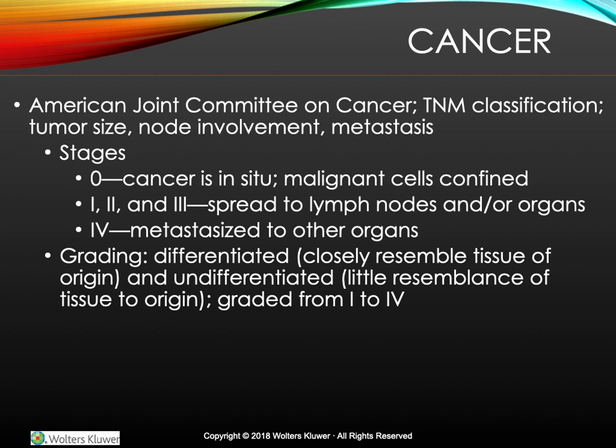Now, as far as our grading system, that differs depending on the type of cancer. In general, tumors are graded 1, 2, 3, or 4, depending on the amount of abnormality. In grade 1 tumors, the tumor cells and the organization of the tumor tissue appear close to normal.